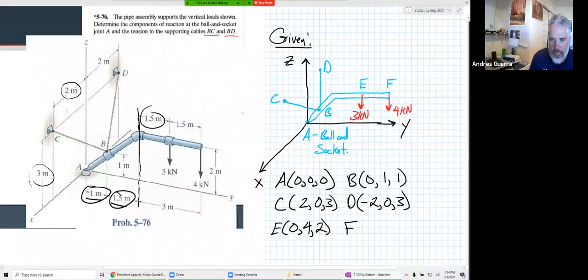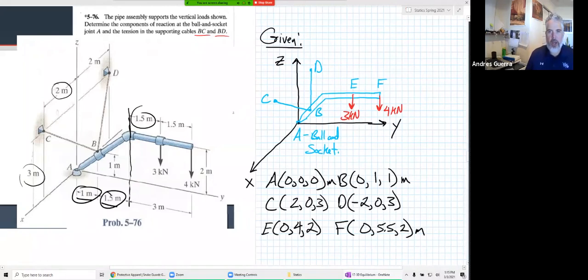And then point F is going to be a 0, let's see, not 4. In the y direction, how about a 5.5, and 2 in the z. And I guess these are all in meters. We could put meters on all of those to make sure we've got our units on there.